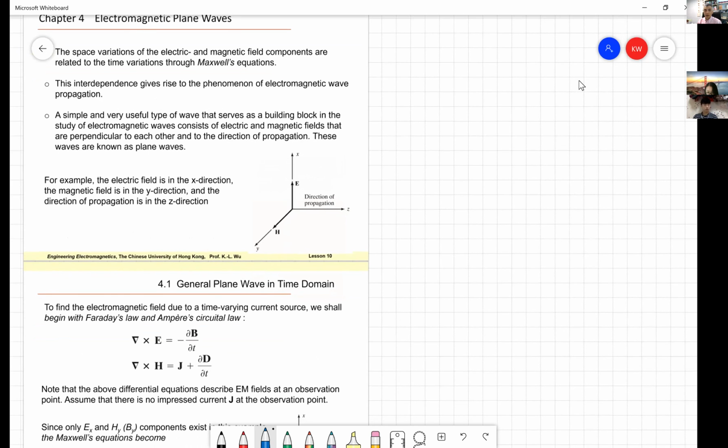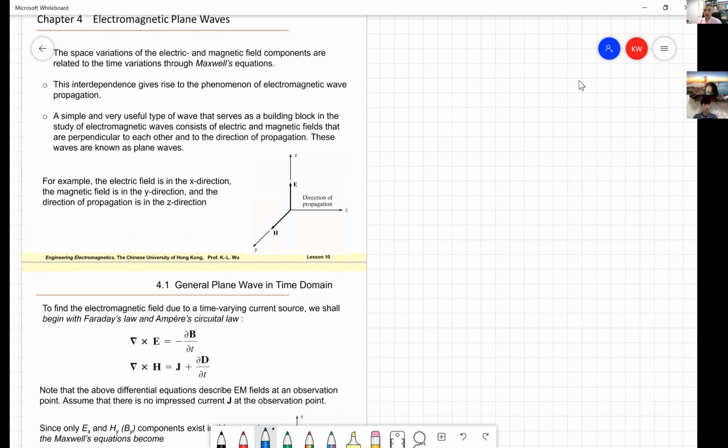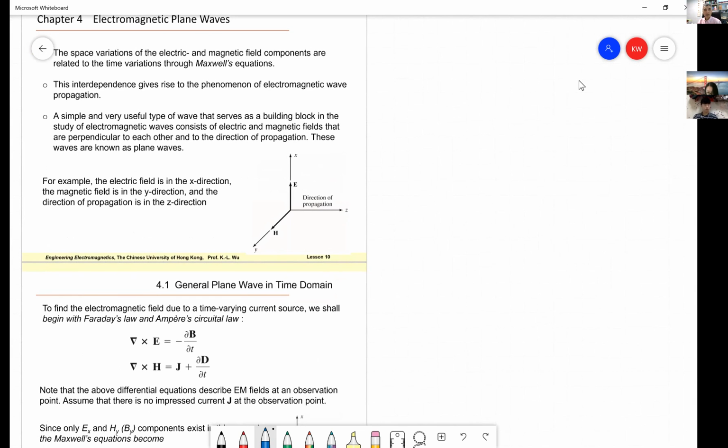We have one question left in assignment 3, which lets you derive the two divergence equations from the two curl equations, okay?